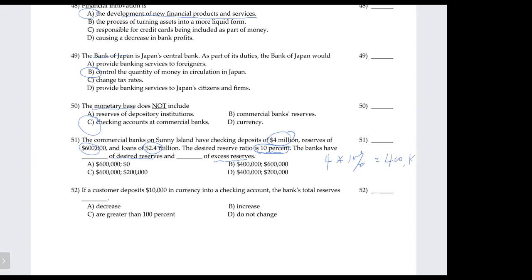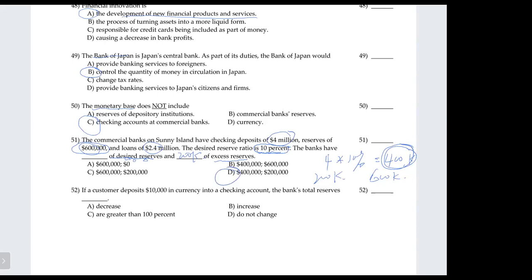So that's what is required. But this bank has 600,000 of reserve, exceeding this 400 by 200K, so we know the excess reserve equals 200,000. But the amount of desired reserve equals what is required. So the answer is D.